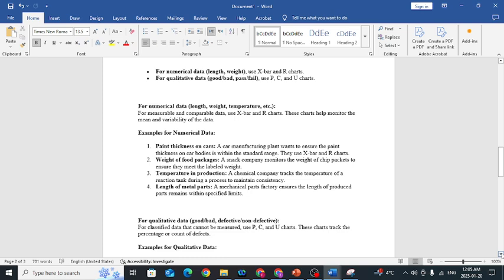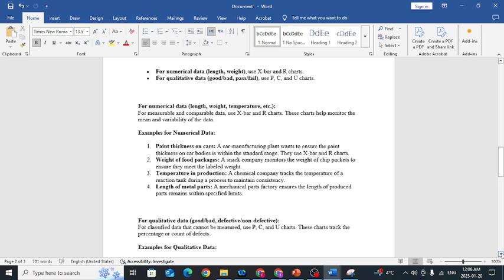So the first example for numerical data is the paint thickness of a car. A car manufacturing plant wants to ensure the paint thickness on car bodies is within the standard range. They use X-bar and R charts.